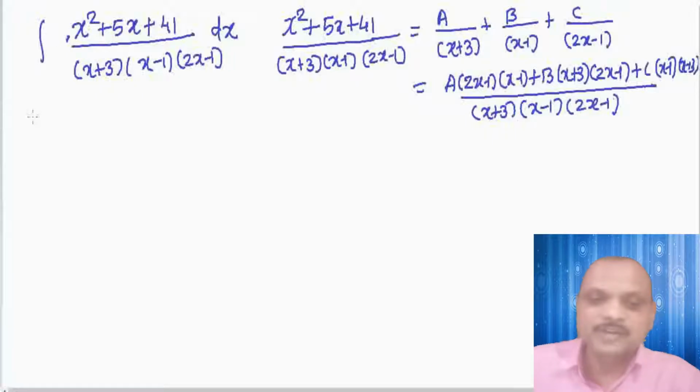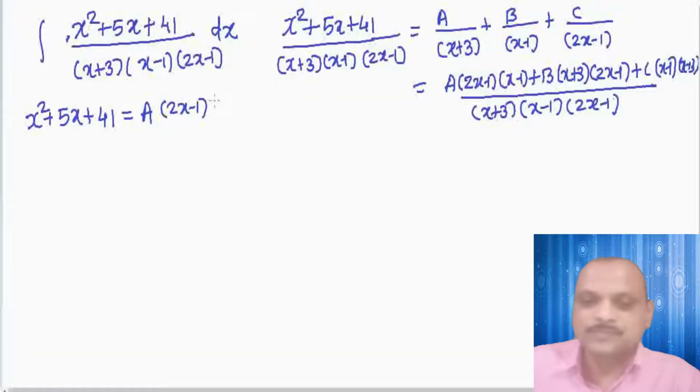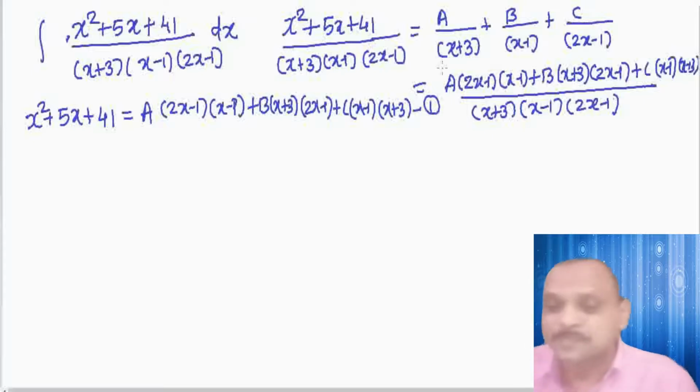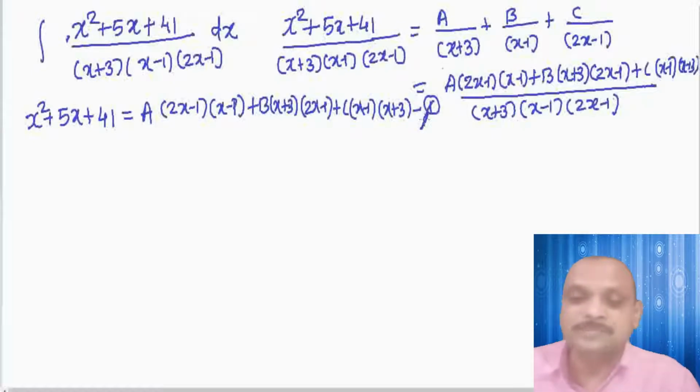Now equating the numerators, x square plus 5x plus 41 equal to A into 2x minus 1 into x minus 1 plus B into x plus 3 into 2x minus 1 plus C into x minus 1 into x plus 3. This is equation number 1.